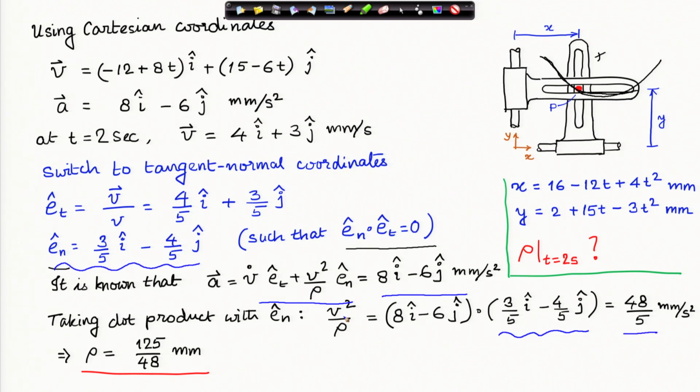And from here, because v square is known, v square being the magnitude square of the velocity vector, that gives me rho as 125 by 48 millimeter. So, this is how we can use the tangent normal coordinate system to find the radius of curvature of the path of the particle.